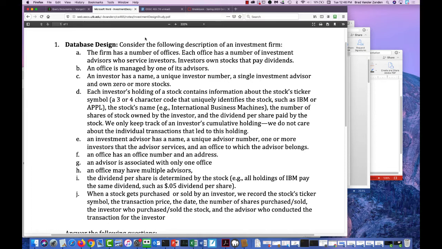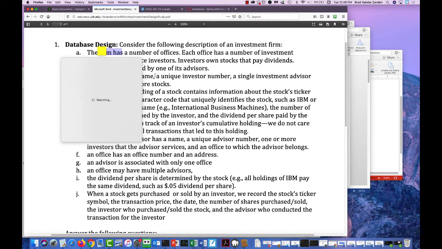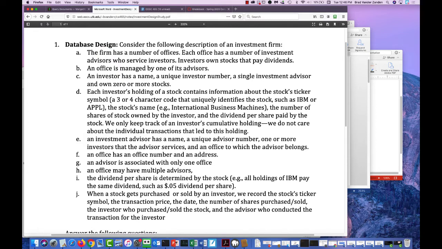Now, you may remember I said that entities are nouns and relationships are verbs. So you should be looking for nouns and verbs here. So you see that the firm has a number of offices. Each office has a number of investment advisors who service investors, and investors own stocks that pay dividends. There is a lot there in A to digest.